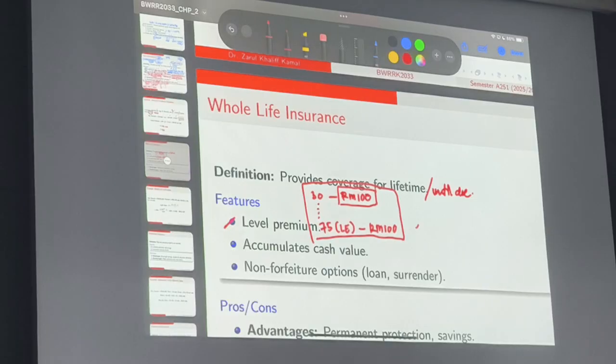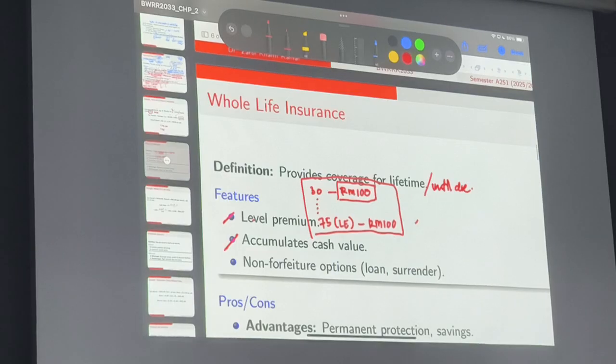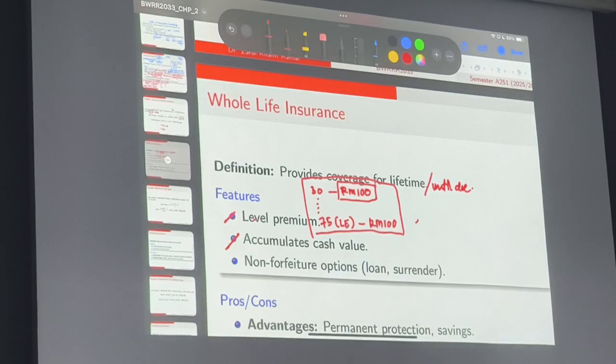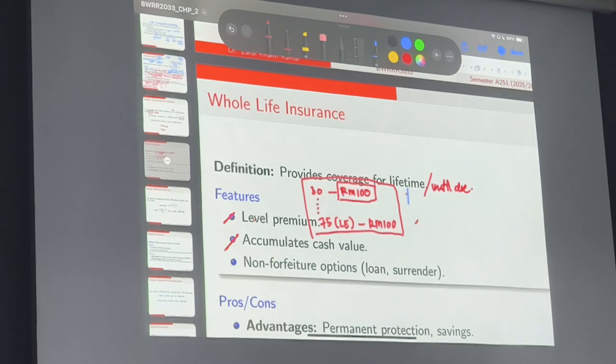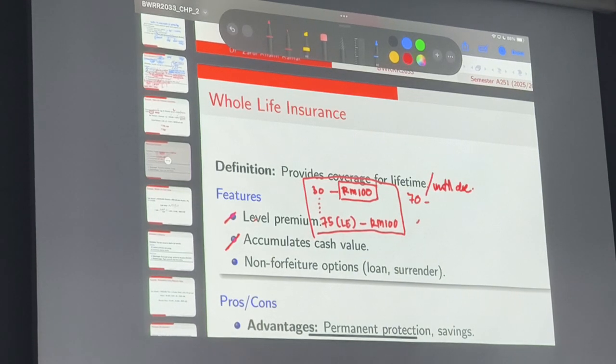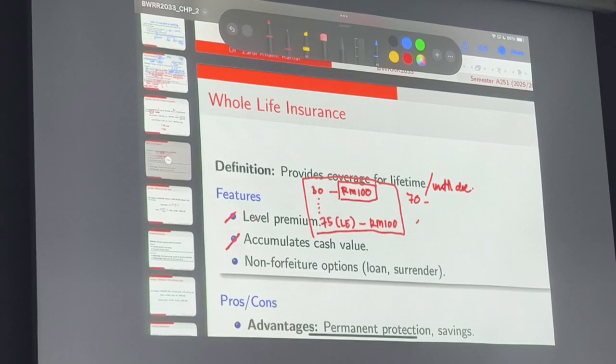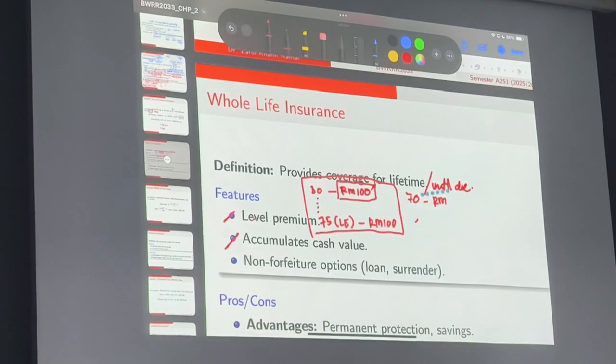The second one, we have accumulate cash value. Okay, for example level premium, let's say there is person that umur 70 baru nak join the life insurance. So instead of bayar 100 pada waktu he was young, pada umur 70 ni dia perlu bayar 2,000 for example.